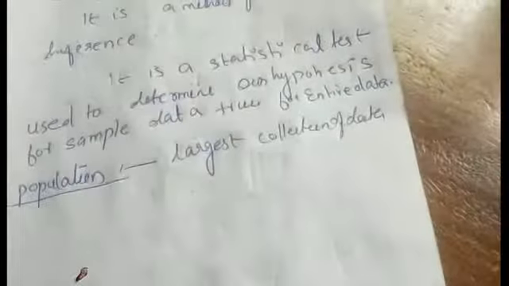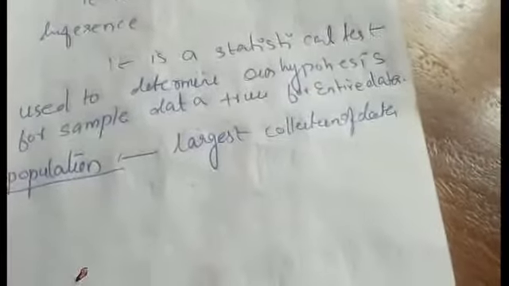Next we can learn about some terms related to testing of hypothesis. First is population. Population is the largest collection of data. Otherwise we can say the same type of entire data is called population. For example, the number of newborn babies in India is a population.